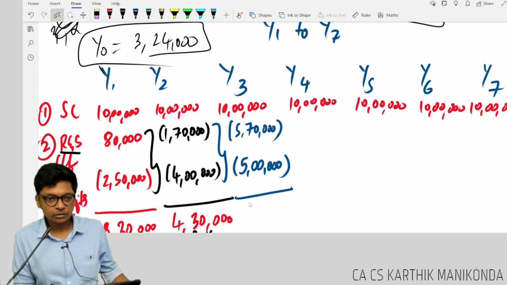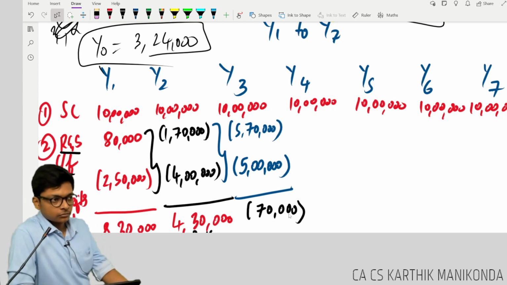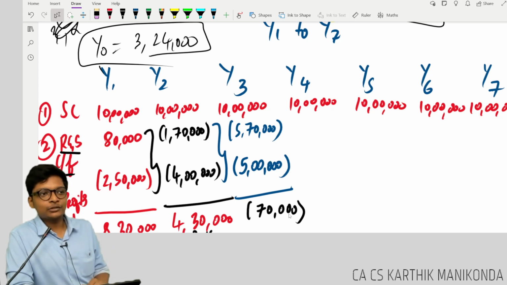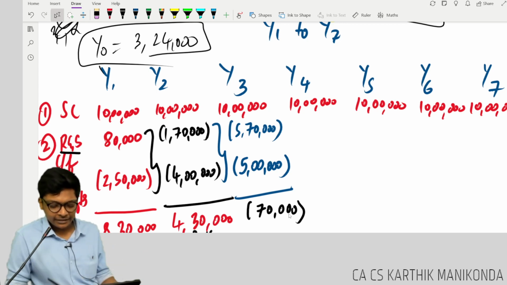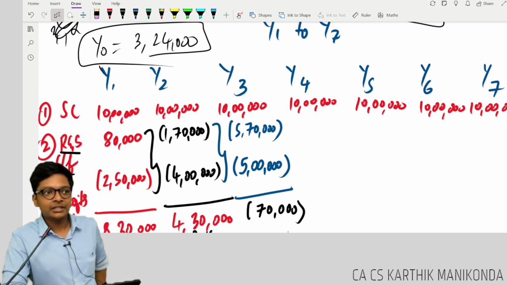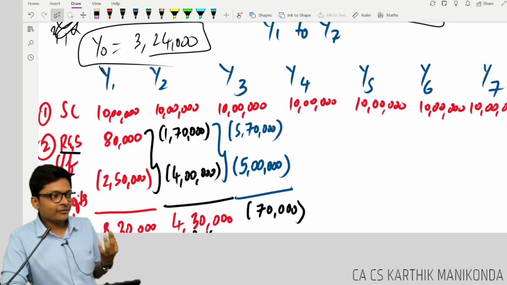Net assets minus what to do? Can I find minority interest? 70,000 negative into 30% and write negative 21,000. Can I do that? Are you following? Year 1 and 2, no problem.